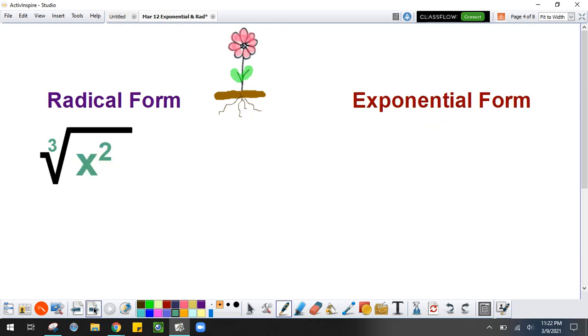Now we're going to try this with a variable. So here's our flower power. So the power is the top part. Then we have the ground, and then we have the root. Here's the ground. Power over the root.